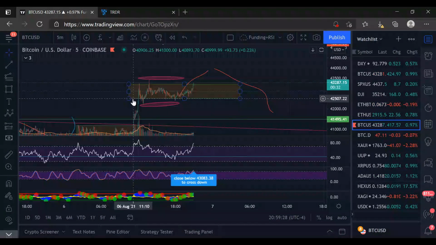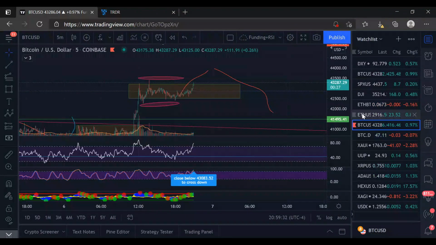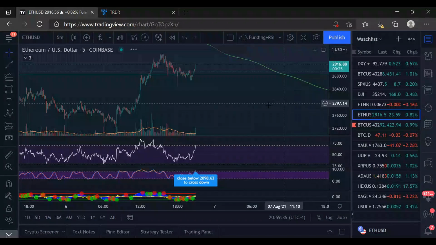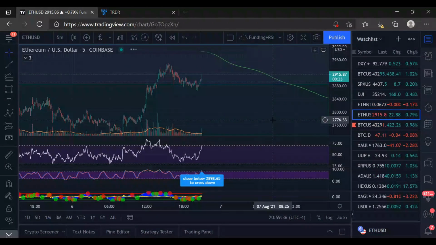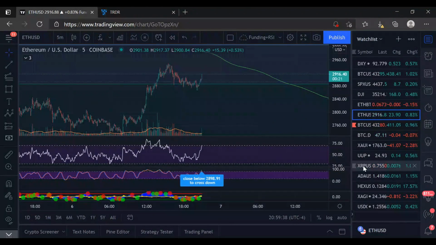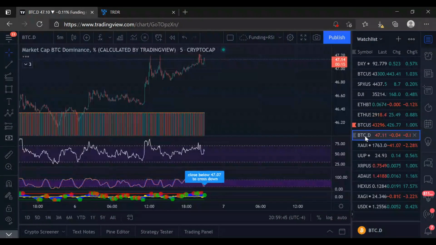Oh, I like it. Oh, I forgot about these bad boys. I could switch through charts right there. On the side, I got ADA, Hex, Silver, Bitcoin dominance.